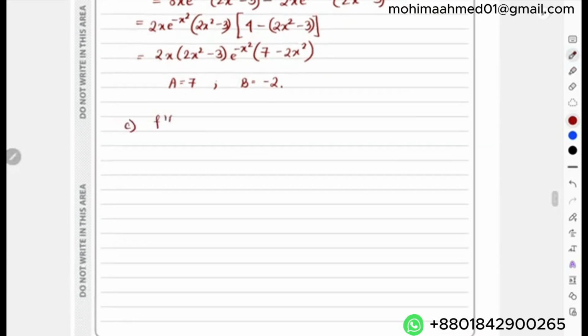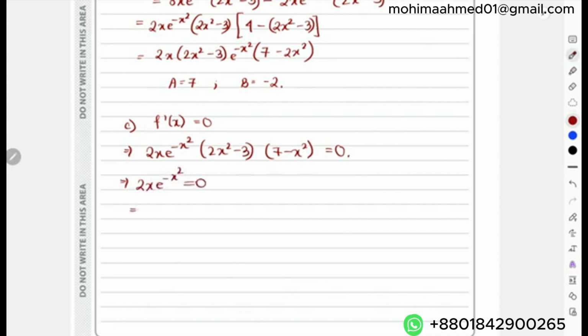For part C, we need to write f prime equals 0, which is basically 2x e power minus x square, 2x square minus 3, and then 7 minus x square equals 0, which is basically 2x e power minus x square equals 0. For this case, everything will actually end up being 0. Yeah, exponential power 0 is going to end up as 0.